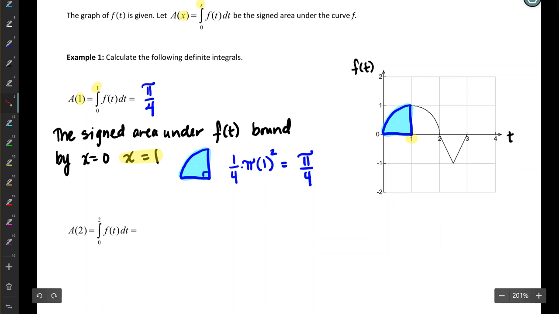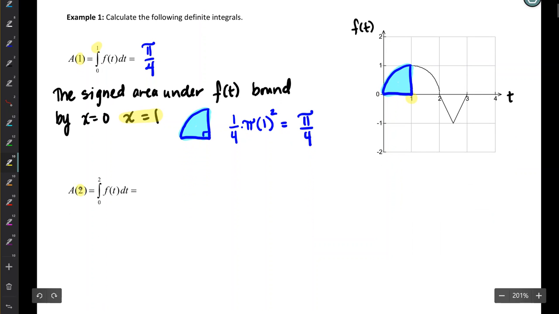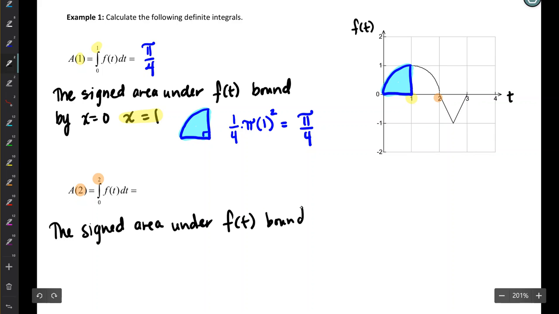The next one, now we're finding A of 2. I'm just using function notation right here. Notice that the limit of integration is now stopping at 2. In fact, I want to use a different color. Stopping right here. So this is asking us to find the signed area under f bound by, we're still starting at 0 and stopping at x equals 2.